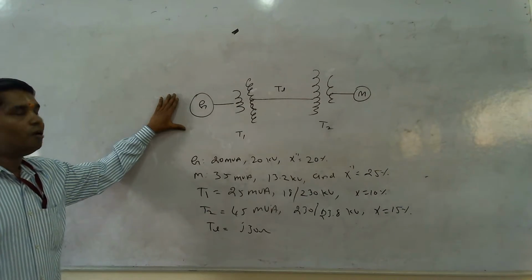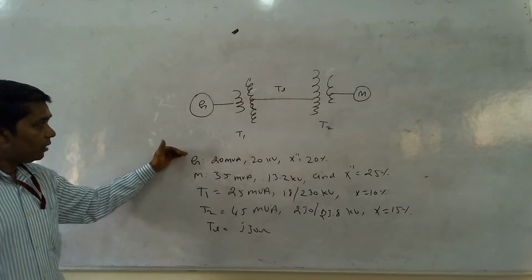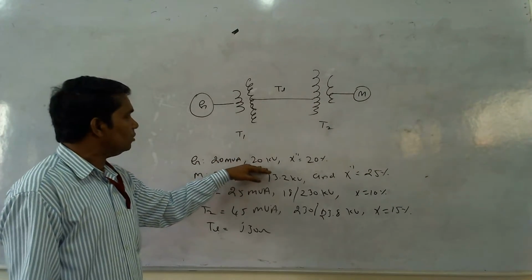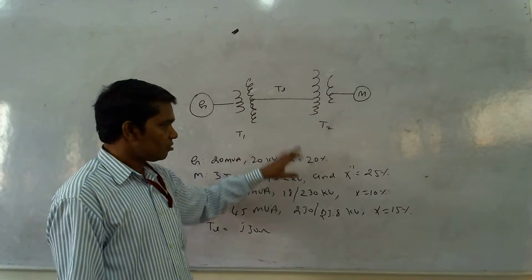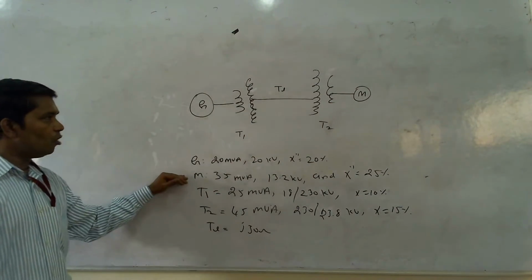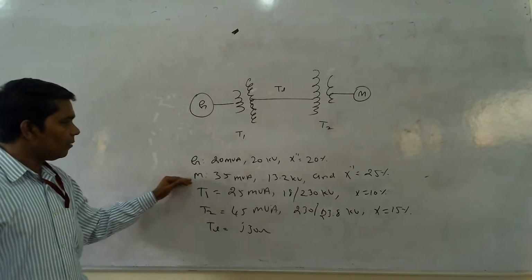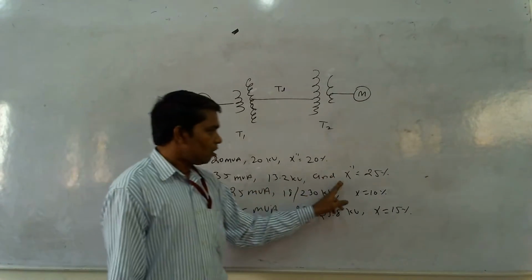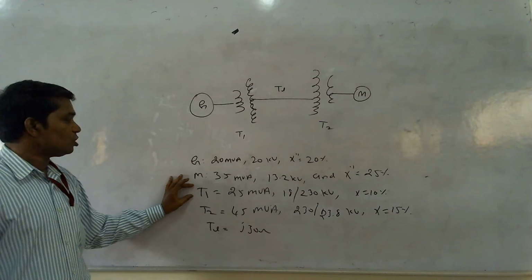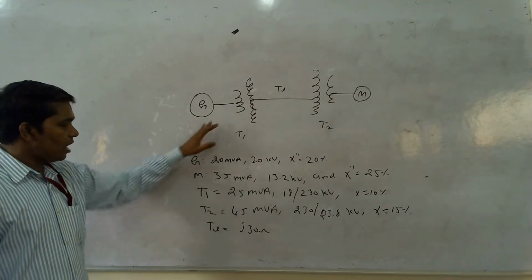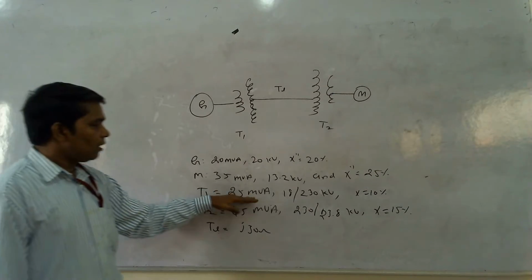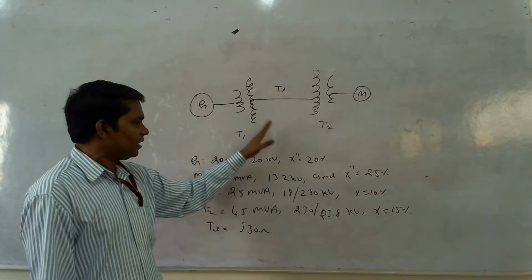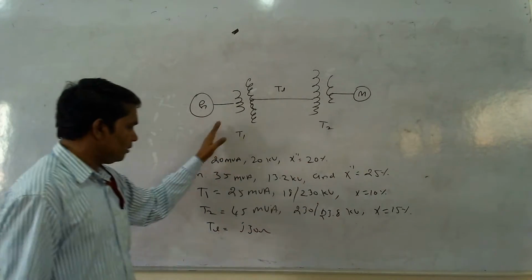The data is given for this particular system. The generator has 20 megavolt ampere apparent power, 20 kilovolt voltage, and reactance of 20%. The motor loaded with the generator has 35 megavolt ampere, 13.2 kilovolt, and reactance of 25%. Transformer 1 has a rating of 25 megavolt ampere, 18 kilovolt on the primary side and 230 kilovolt on the secondary side, with reactance of 10%.